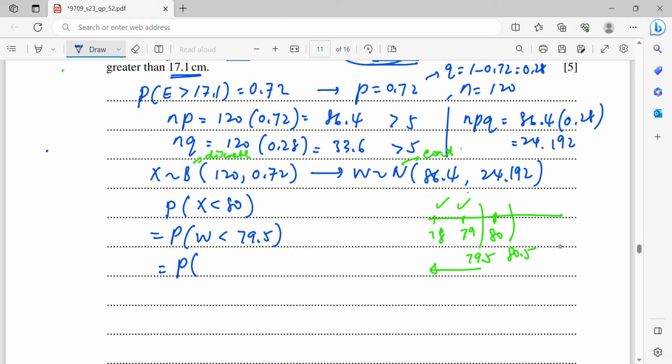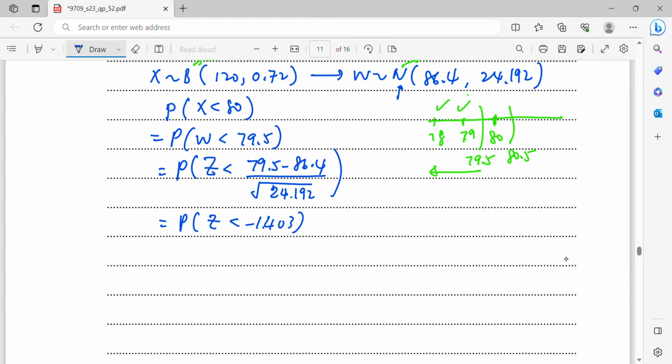Now our W is normally distributed, which means that you need to standardize it. So (79.5 minus 86.4) over square root of 24.192. Then from here, you will get negative 1.403. So to get this probability, I need to sketch the normal graph. Less than negative 1.403 will be the region on the left-hand side. Okay, so here I will flip.